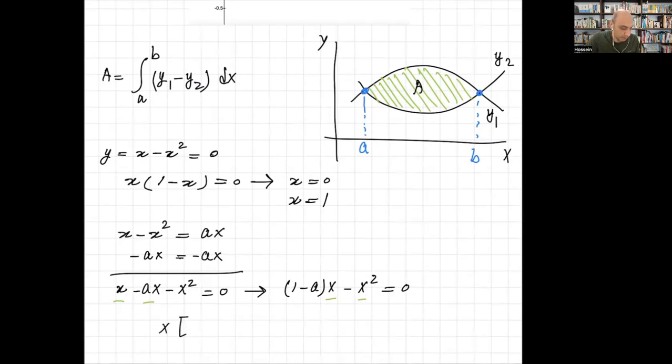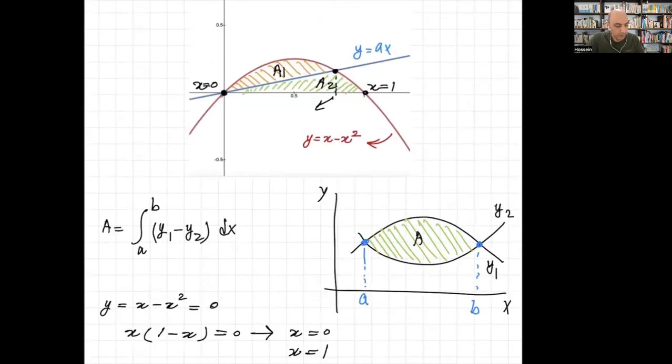So x times 1 minus a minus x equals 0. This is very similar to the first equation that we had above. So this one also has two answers. One is x equals 0. The other one is x equals 1 minus a.